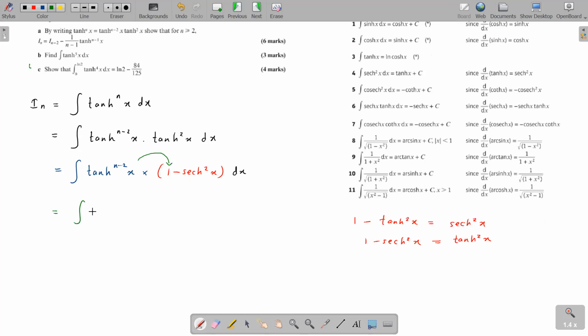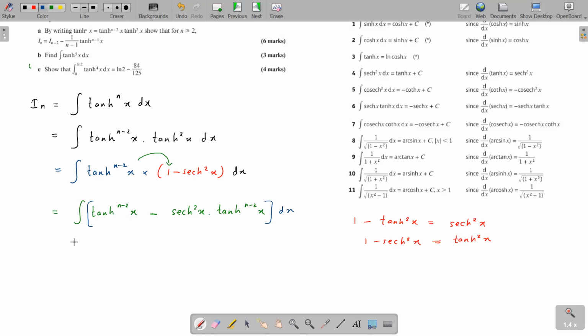I end up getting sec square x times tan to the power n minus 2 x minus tan to the power n minus 2 x. Is this okay? Are you agreeing with my working?